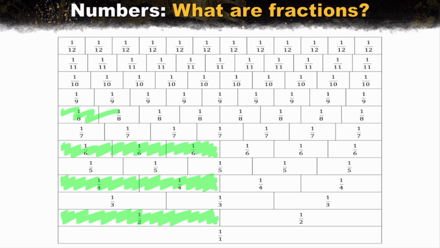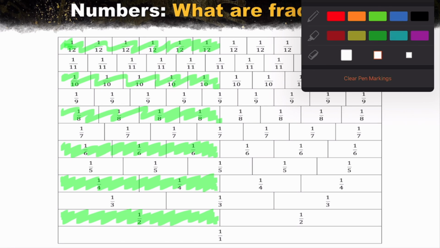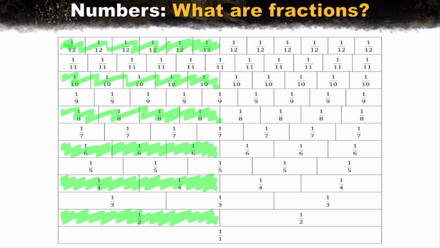We do the same with 8ths, the same with 10ths, and the same with 12ths. Oops, I just went a little bit too far. But this is like a visual illustration that we can have equivalences, but we can break up an object into smaller chunks to describe those equivalences of each other.